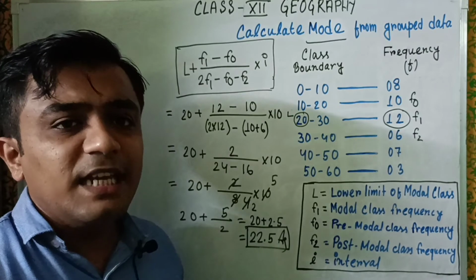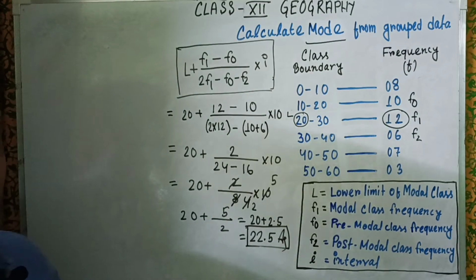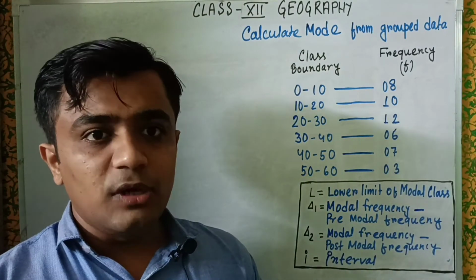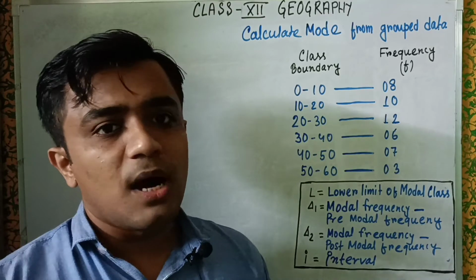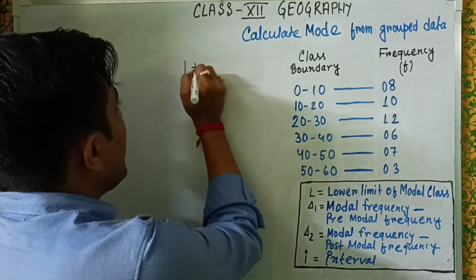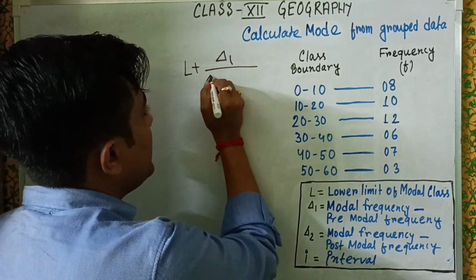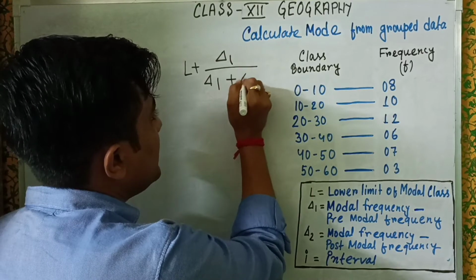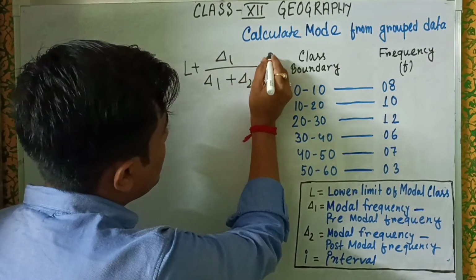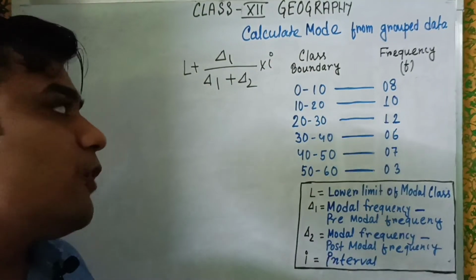Now I will teach you with another formula. Before that, you can take a screenshot or copy this. Students, we can calculate mode with one more formula: L plus delta 1 divided by (delta 1 plus delta 2), into I. That's how we can also calculate mode from group data.